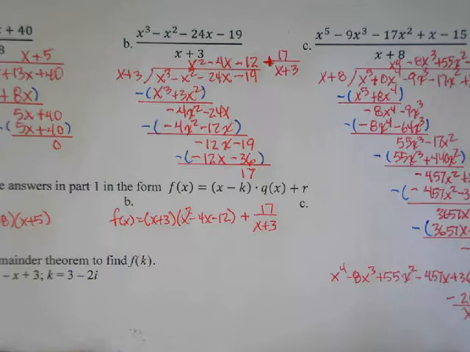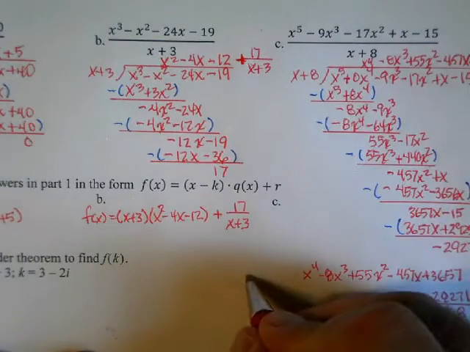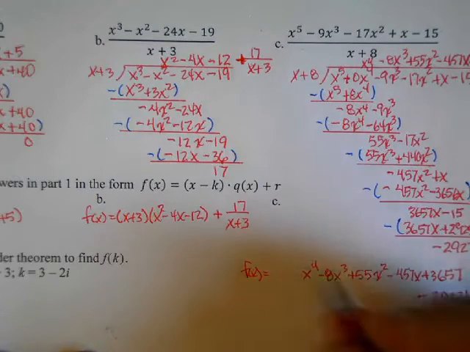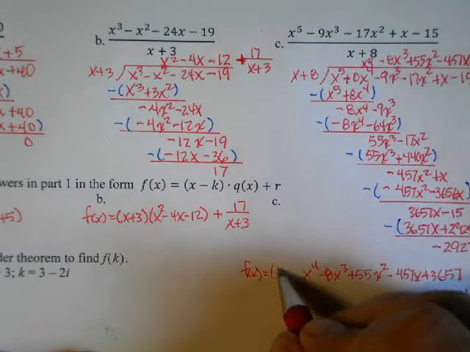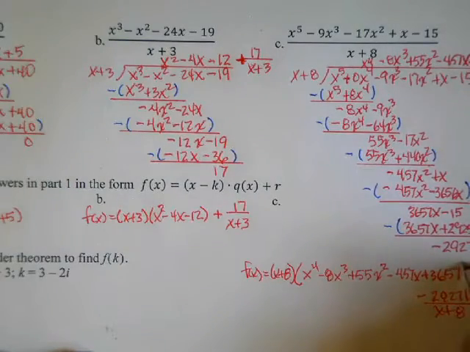And then for the last one, basically I'll write it here, f of x will equal x plus 8, then times all of that, and then there's the remainder part there at the end.